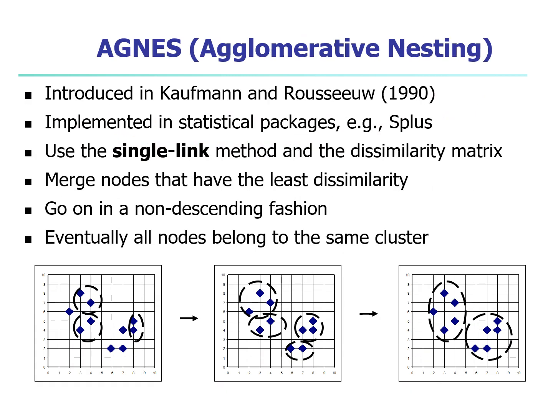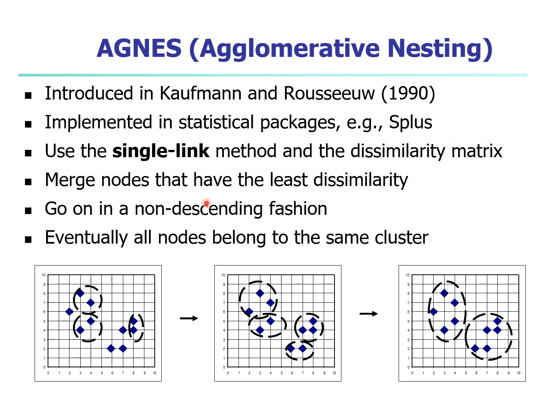So this is the Agnes, the agglomerative nesting. It was introduced in the 1990s. Well, you don't need to know when it was introduced. You just need to know the algorithm. It is implemented in statistical packages such as Plus. It uses a method of counting distance between objects called the single link. We will look into it in a minute. It also uses the dissimilarity matrix.